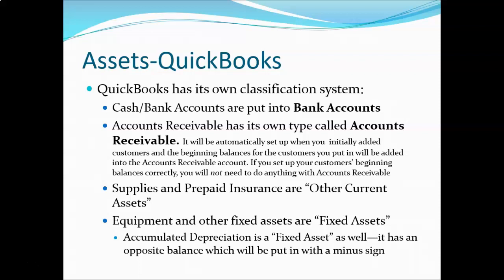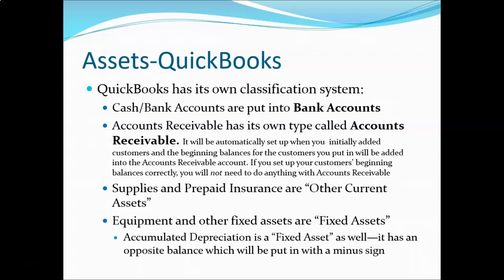Now, for most of our projects, we only have one checking account, so we only have one bank account that we set up when we first initially set up the company. We've already talked about that. So you usually don't have to do anything with that one, unless you're adding later after you've already done that initial setup.